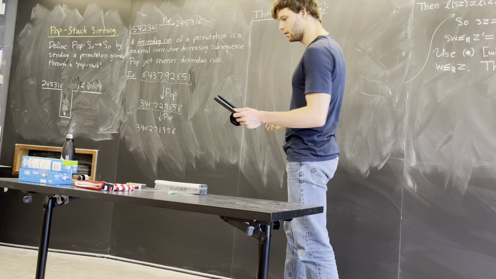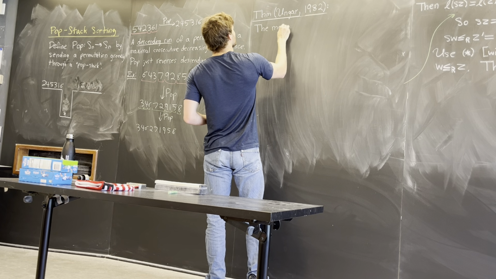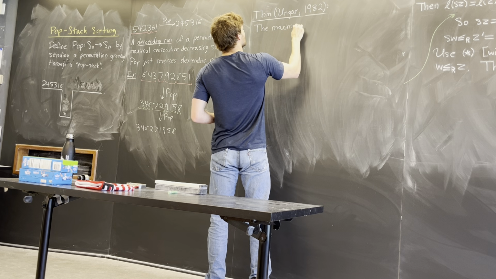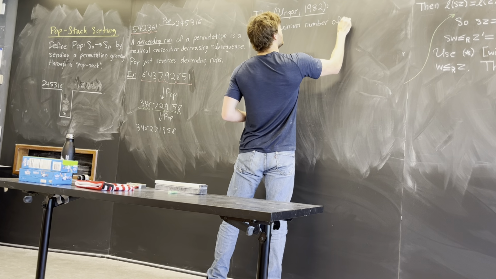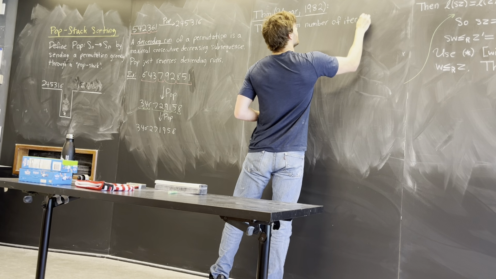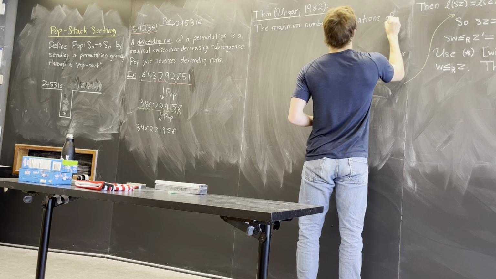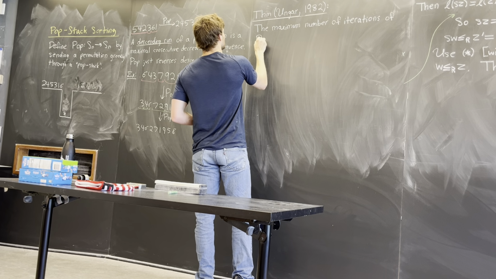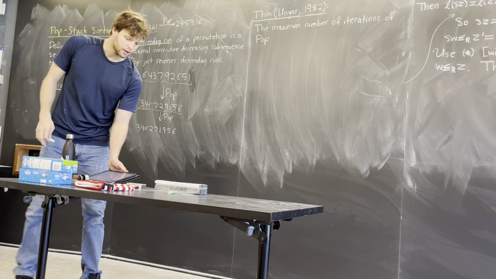And it says the maximum number of iterations of pop. Oh, maybe I should say Unger was not thinking of this in terms of pop. He was not calling it pop.